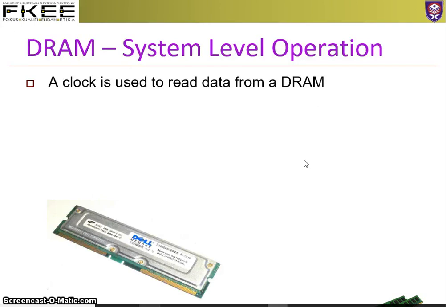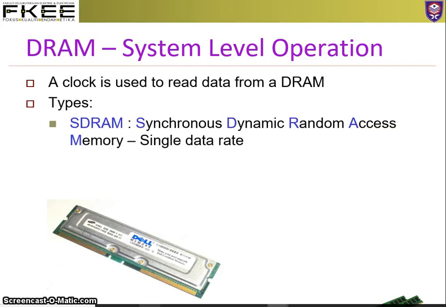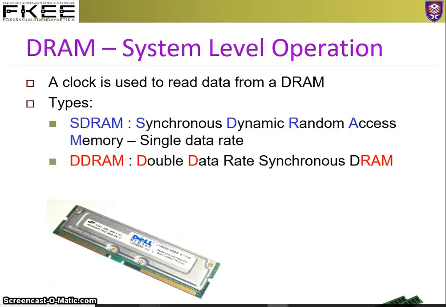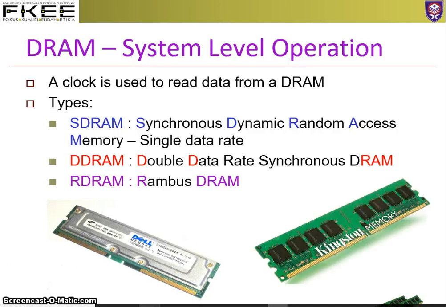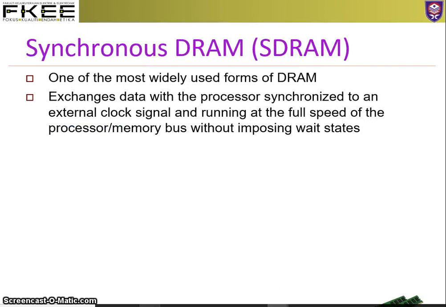For DRAM in system level operation, we can have 3 types: SDRAM, synchronous dynamic RAM, then DDR, double data rate synchronous DRAM, and Rambus DRAM. What is the difference between these 3? Synchronous DRAM is widely used.